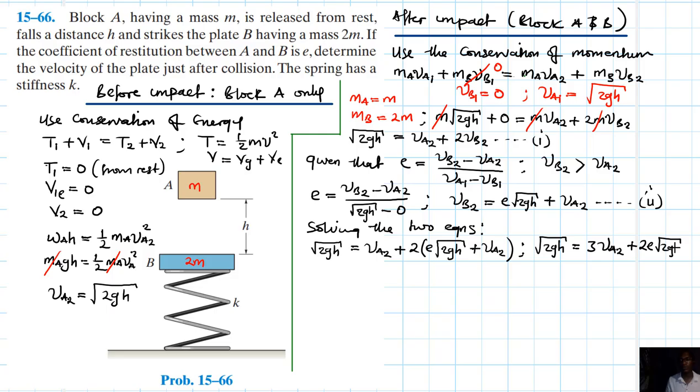So working out this, our v_A2 therefore is just going to be equal to square root of 2gh, and then this and this subtract, so we can factor out this. Then we have 1 minus 2e, then everything divided by 3.